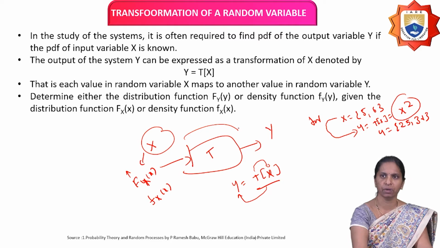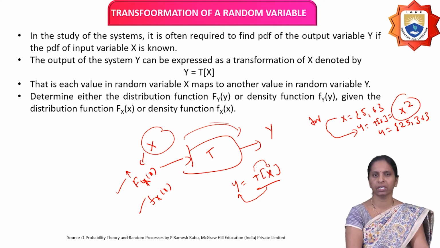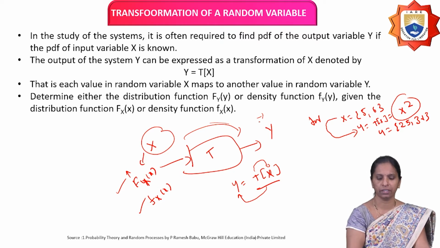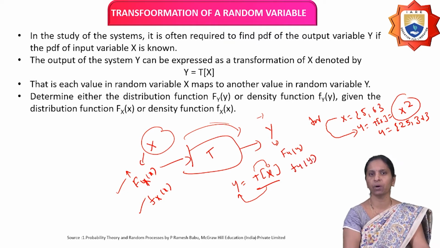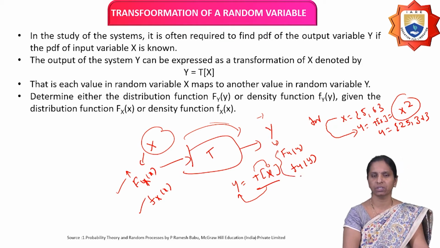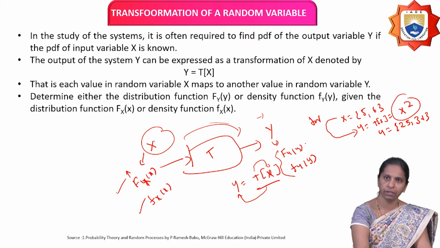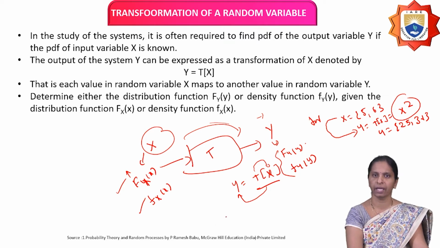I know the density function and the distribution function of x, and after transforming, I am getting a new random variable y. Now I want to calculate the distribution function and the density function of the transformed random variable y. We have to derive them if we know the distribution and density function of the original random variable x.